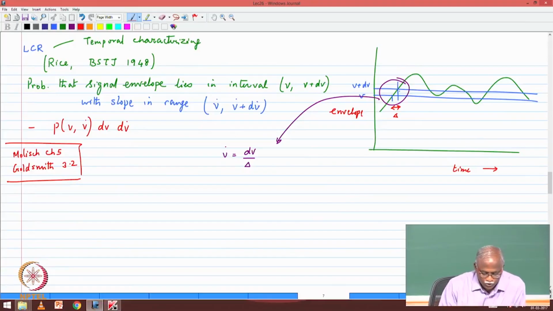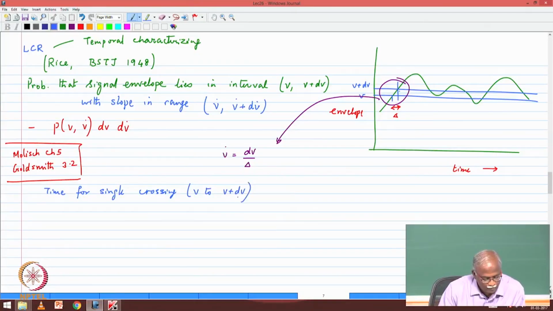The next step from this formulation is the following: what is the time taken for a single crossing from V to V plus dV with slope V dot?